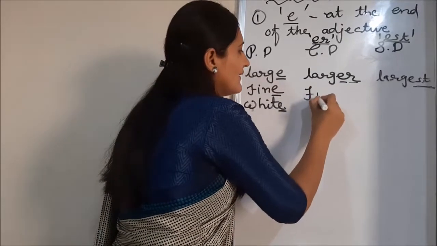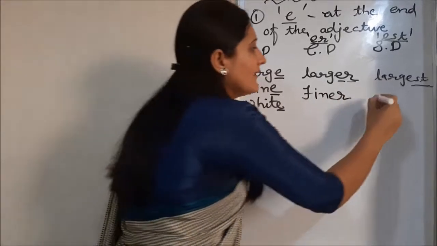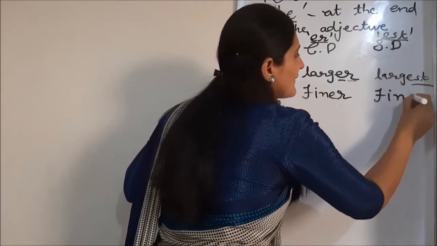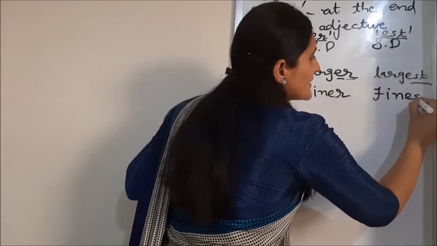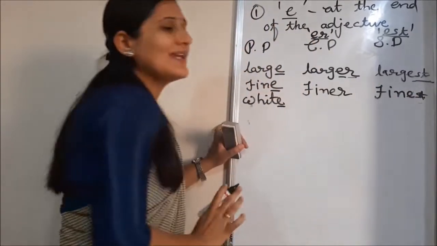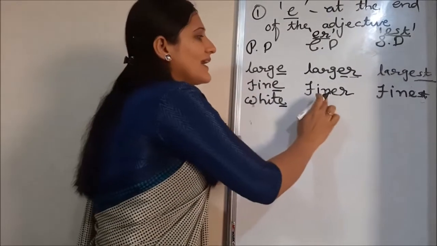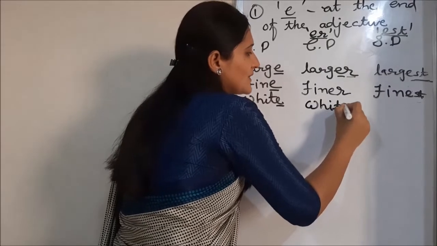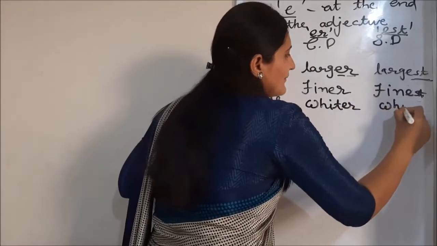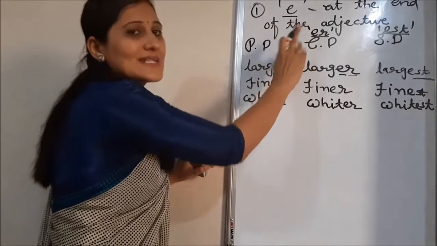See, fine, then we will add only R, finer, and here we will add only ST, finest. Fine, finer, finest, and white, whiter, and whitest. See, what is the first rule for adjective?